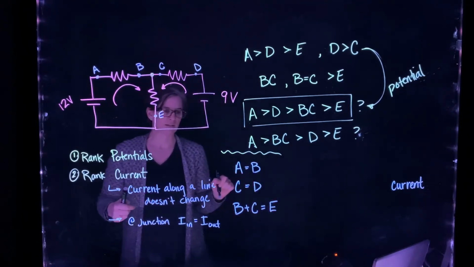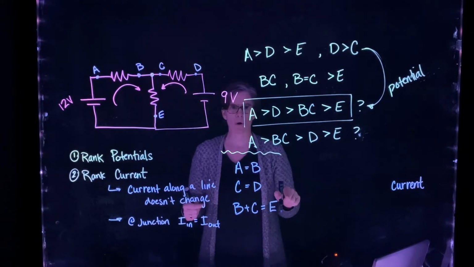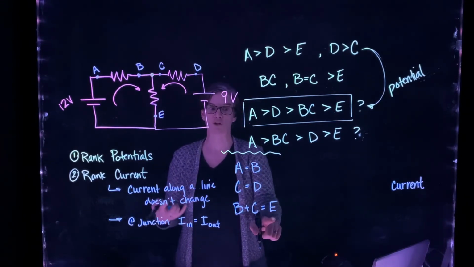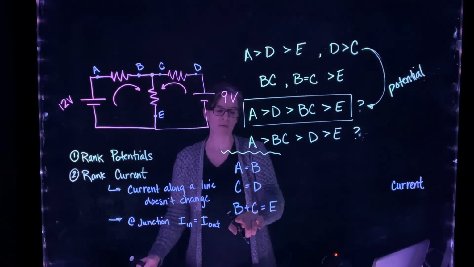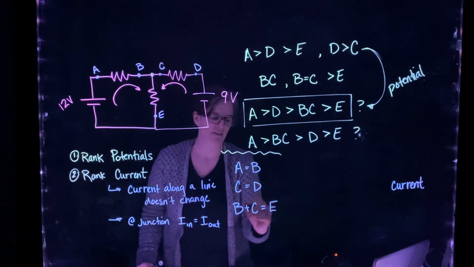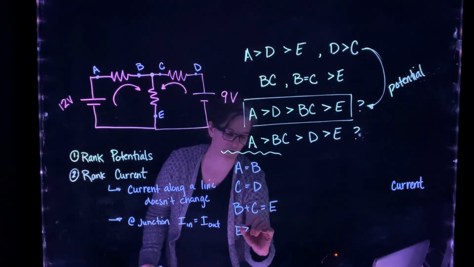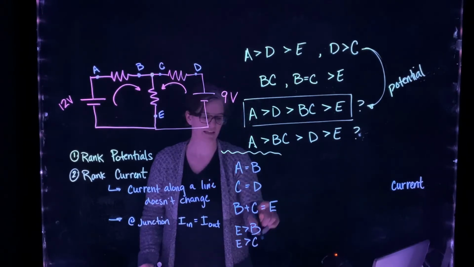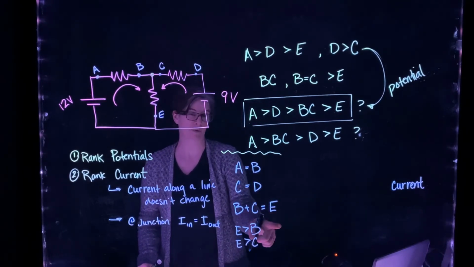All right, so we know that E has to be the largest current. If B and C equal E, this tells us that E is greater than B and E is greater than C, because I need both of them to equal E.